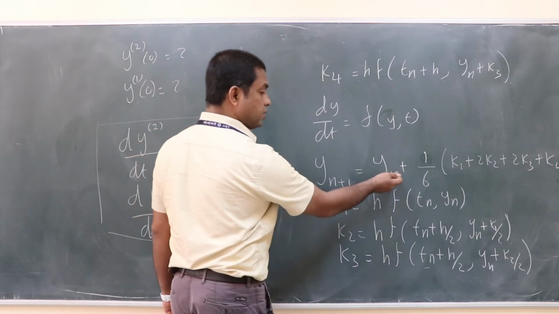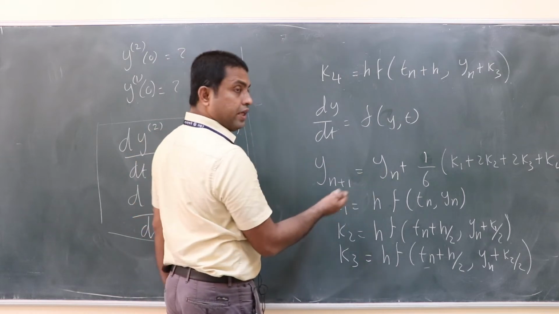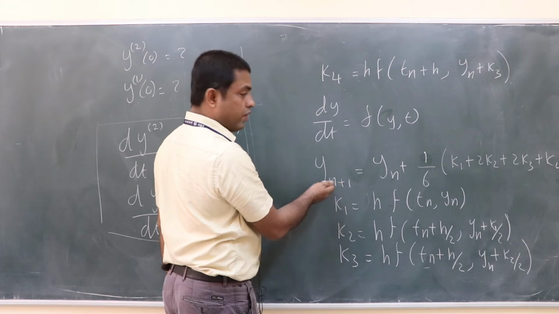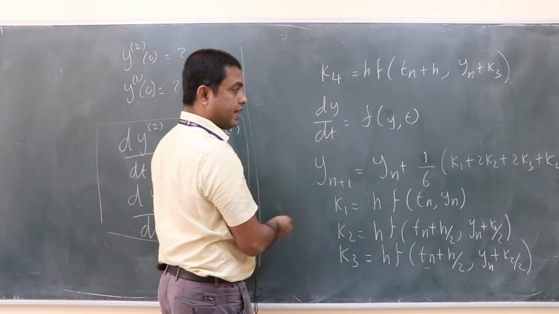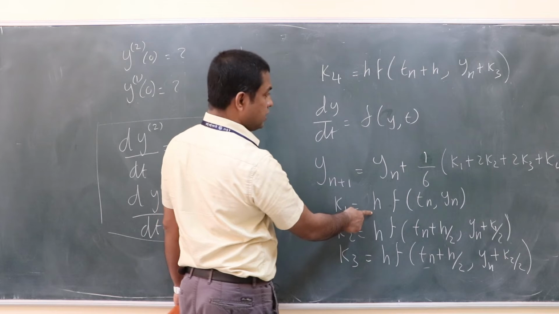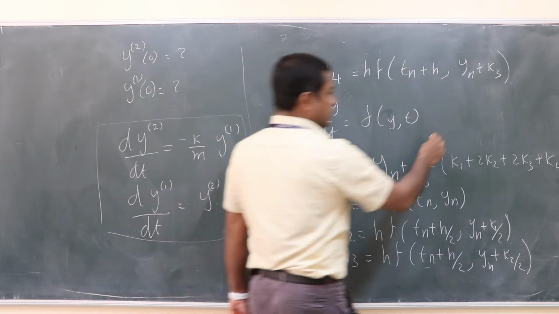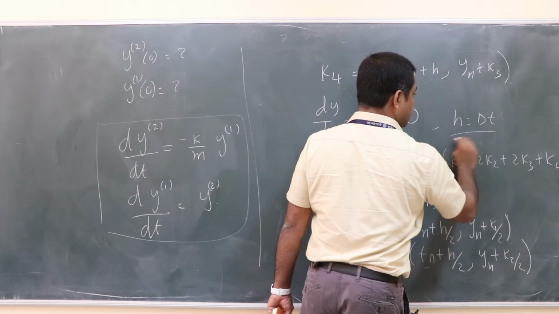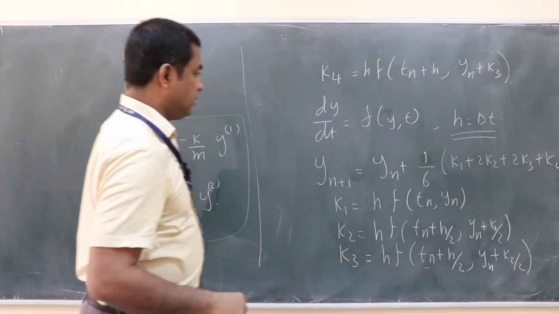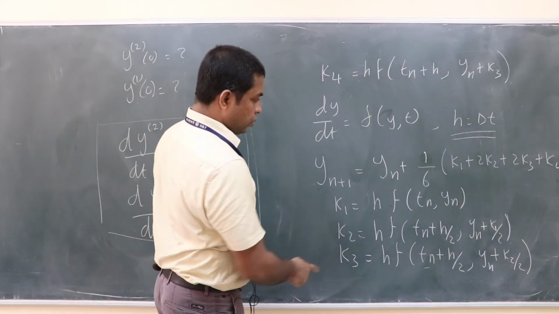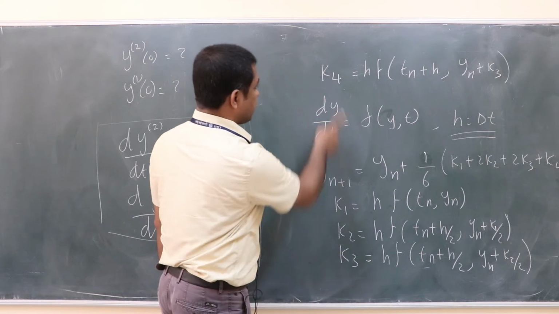At the time t equal to 0, n is 0, so you calculate y1, which is y0 plus h. What is this h? H is basically delta t. You calculate k1, k2, k3 and k4.